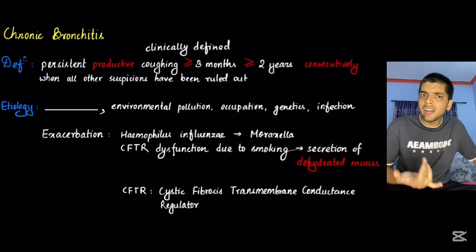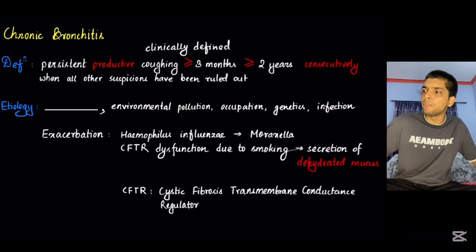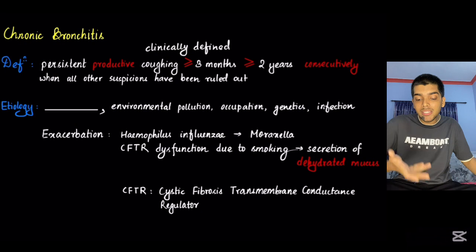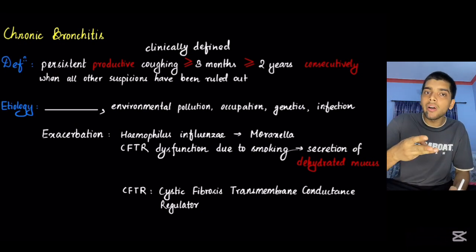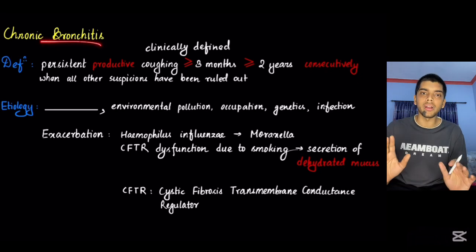That is, the person does not have TB or any other pathologies accompanied with productive coughing. Then finally, if the patient presents with 3 consecutive months of coughing for at least 2 consecutive years, that is chronic bronchitis.